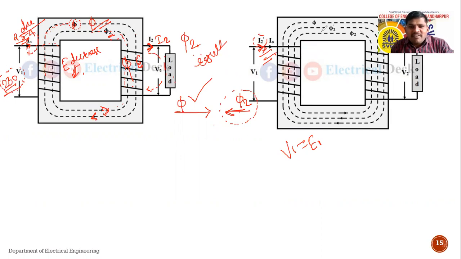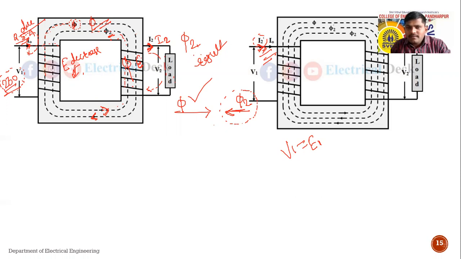So this flux will be shown by phi2 dash, but it is in the same direction as that of main flux. हा जो काय फ्लक्स असेल, it will be in the same direction as that of main flux. मेन फ्लक्सच्या सेम डिरेक्शनला प्रोड्यूस होईल. And this flux will neutralize the effect of flux produced by secondary current I2.